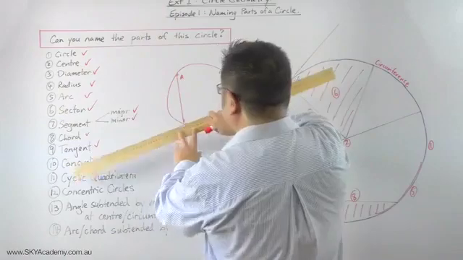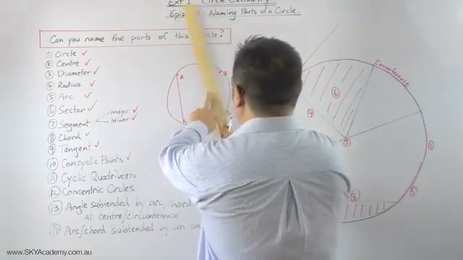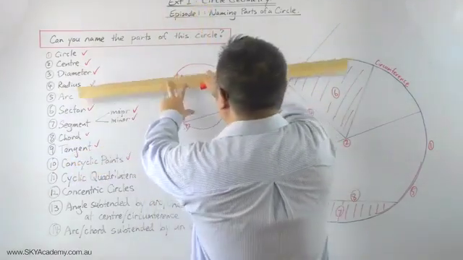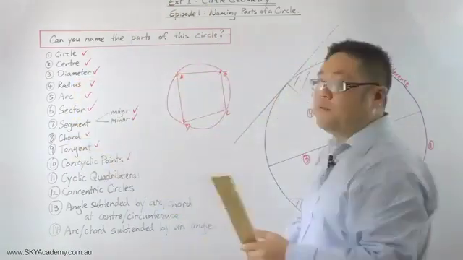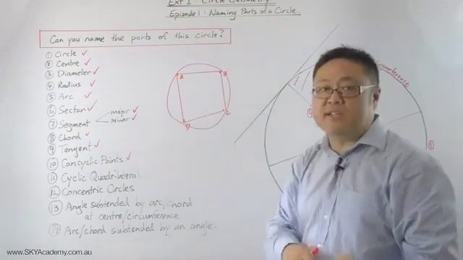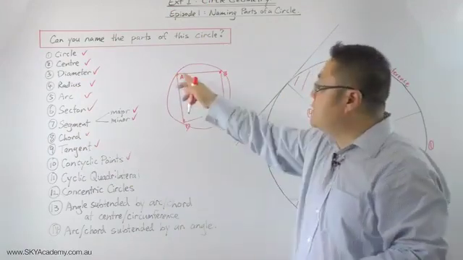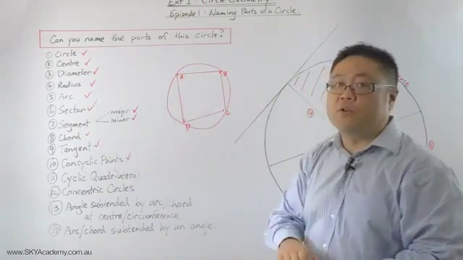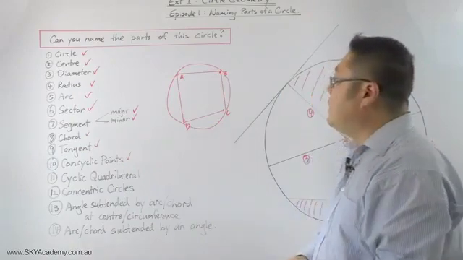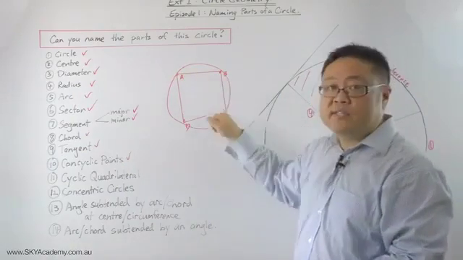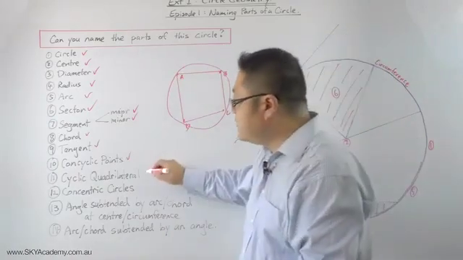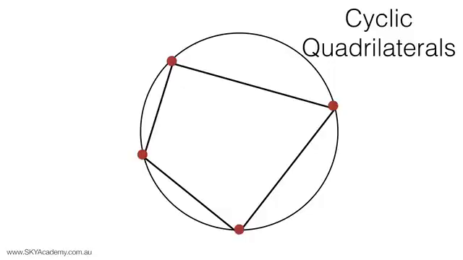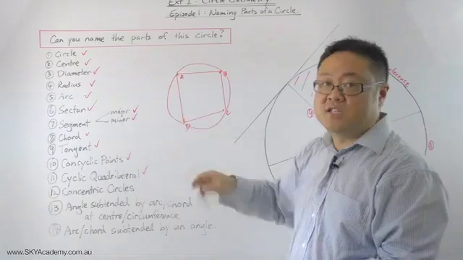Let's also join up D and C, C and B, and A and B, yeah? So if we join all of that up, what are we left with? We're left with a quadrilateral inside a circle, right? Where the vertices of the quadrilateral, or the corners of the quadrilateral, actually sit on the circumference of the circle. Yes? All right. What you have there is what we call a cyclic quadrilateral, because the 4 points that make up the quadrilateral are concyclic.